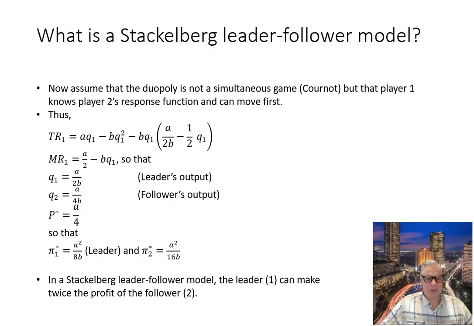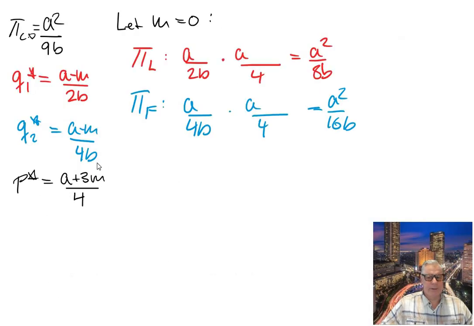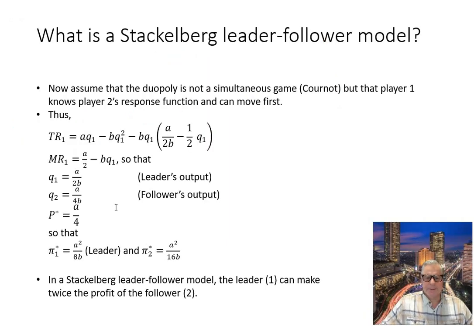The price is A over 4. And again, it's A over 4 if we ignore marginal cost. And the leader profit is A squared over 8B. And the follower is A squared over 16B, which is less than under Cournot duopoly.